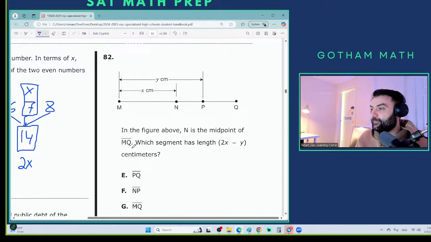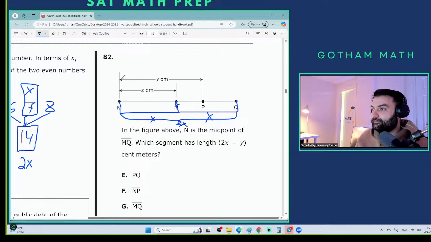So let's see. In the figure above, N is a midpoint of MQ. Which segment has the length 2x minus y? All right. So, if this is x and N is in the middle, that means NQ is also x. So this whole segment will be 2x.